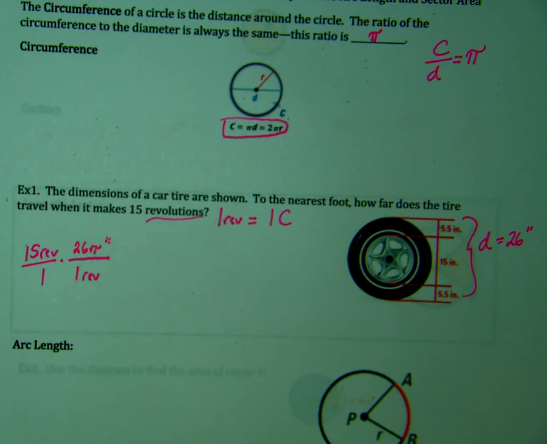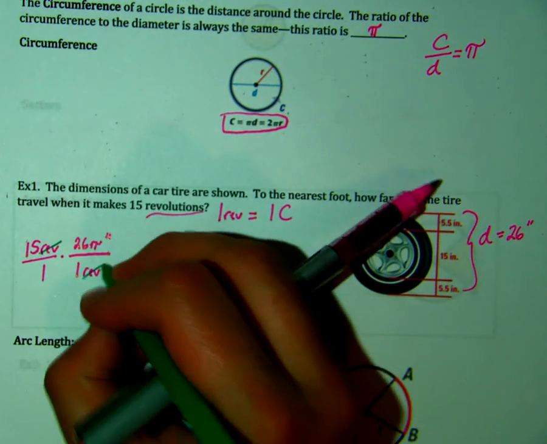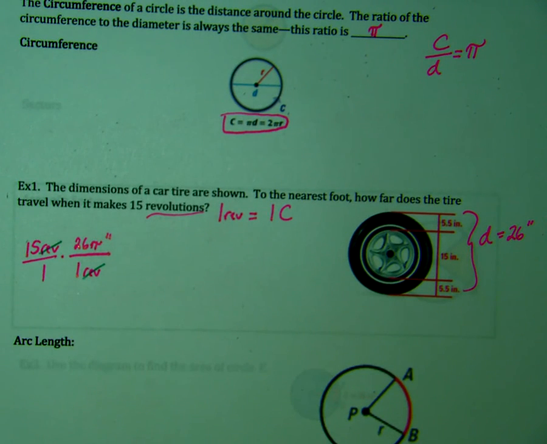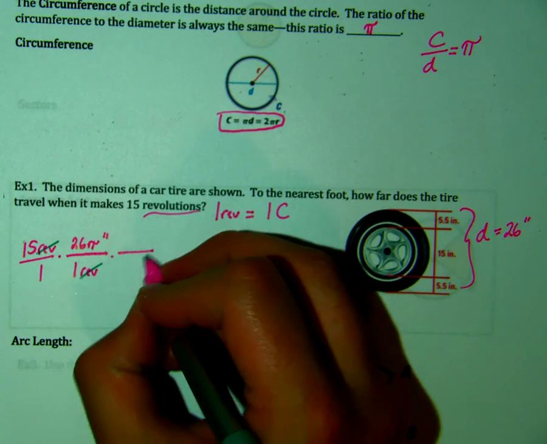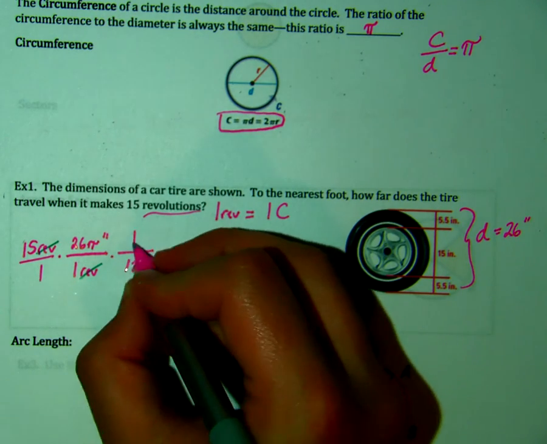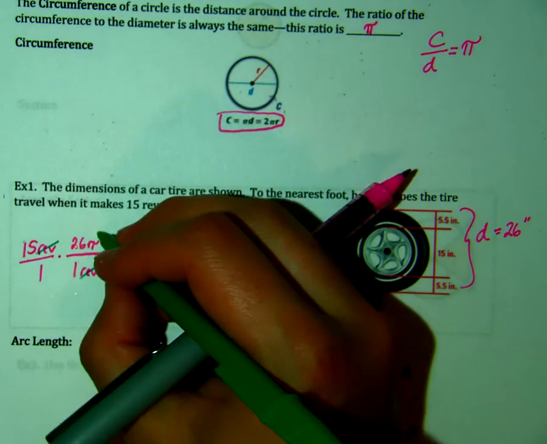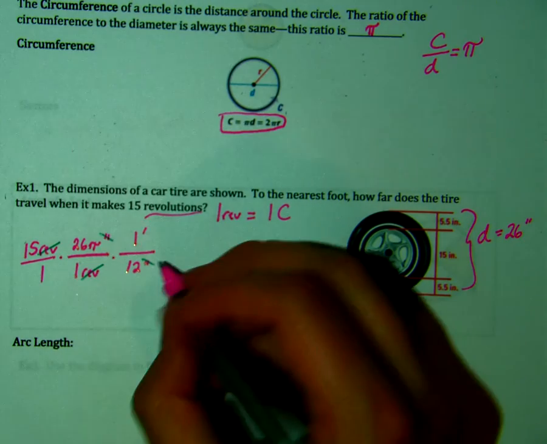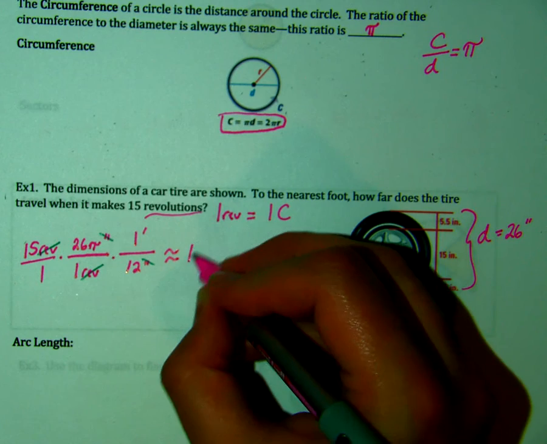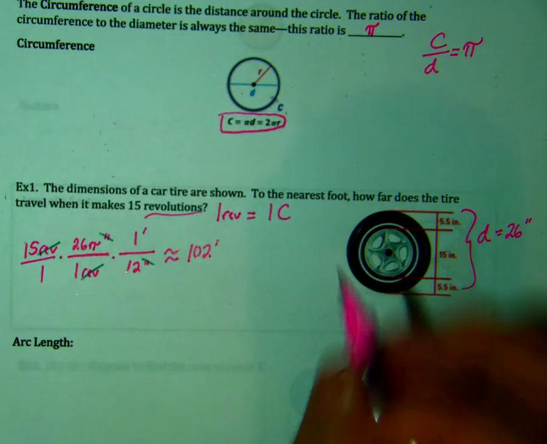Pi times the diameter. So now the units of revolutions will cancel, and that is how far I've traveled in inches, but I want it measured in feet. So I need one more conversion because there are 12 inches in 1 foot, and now the units of inches cancel, and this will come out to be feet. So this, if I multiply it out and round, is about 102 feet.